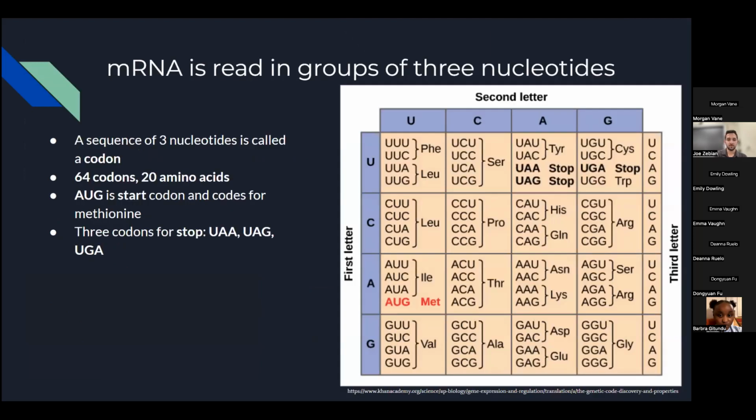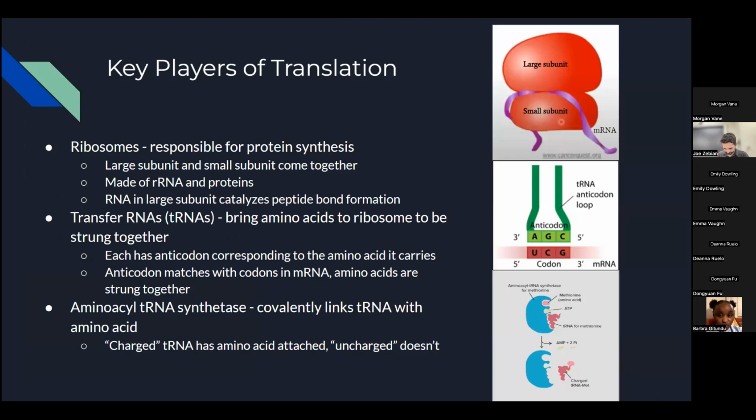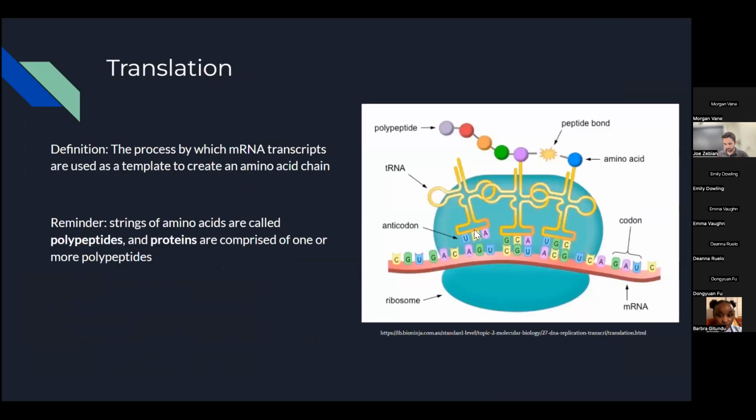Can you explain what a charged tRNA is? Yeah, I can explain that. So aminoacyl tRNA synthetases are enzymes that are going to add amino acids to the end of essentially the chain that is going through the ribosome.